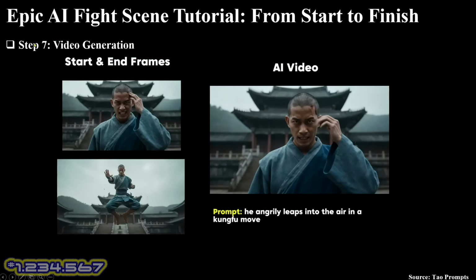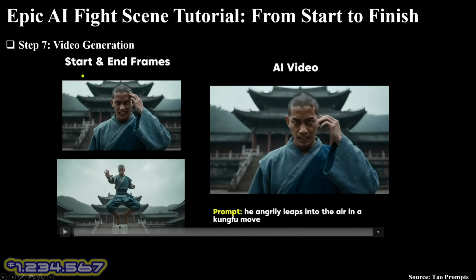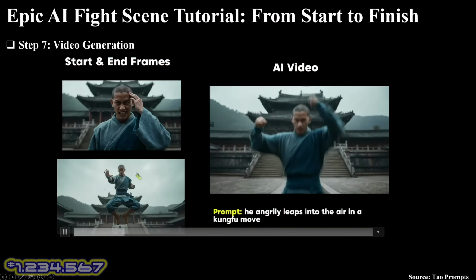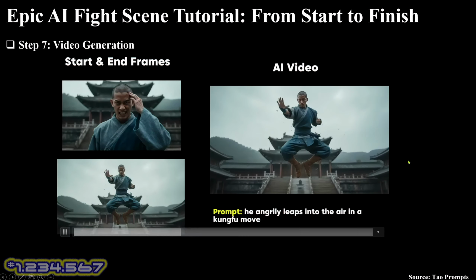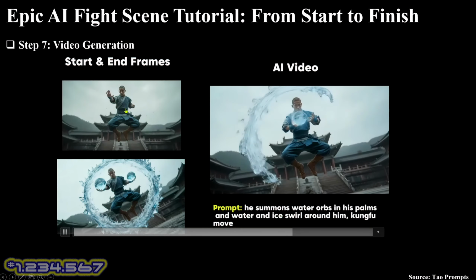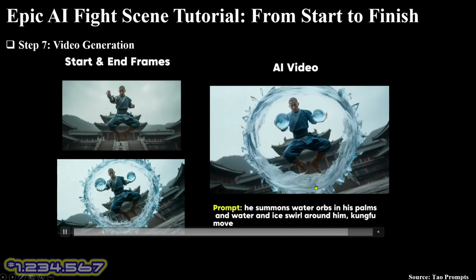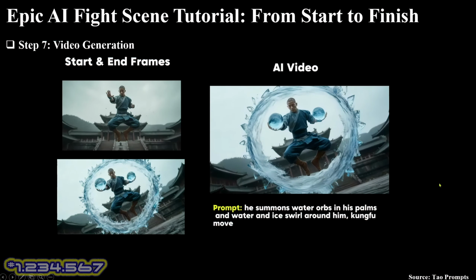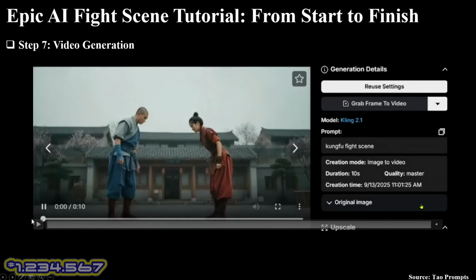In this step 7, you can also generate video using the start and end frame. For example, you have this man with a headache here, and then he jumps into the middle of this. You can also see from that image, in mid-air, the water and ice surrounding him, using the prompt that you can see over here. Very fantastic.